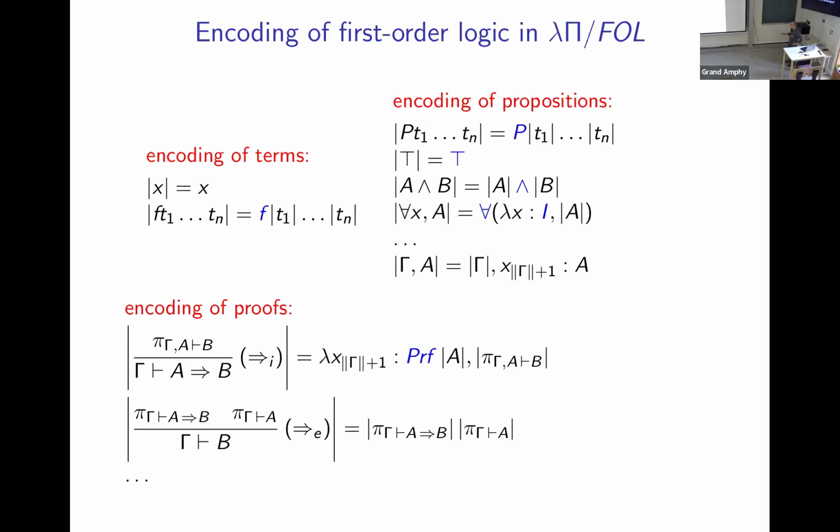The only difference is that, for simplification, we introduce this abstraction, and we give names to the assumptions by introducing variables. And then we can now translate proofs in first order logic in natural deduction into lambda terms in lambda pi.